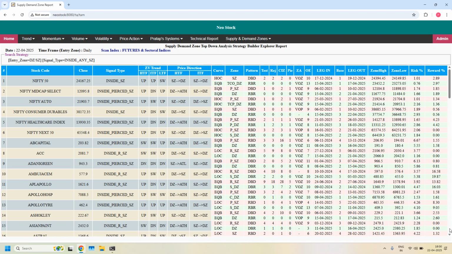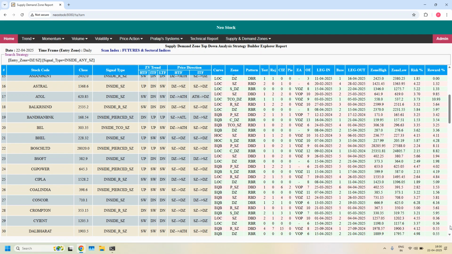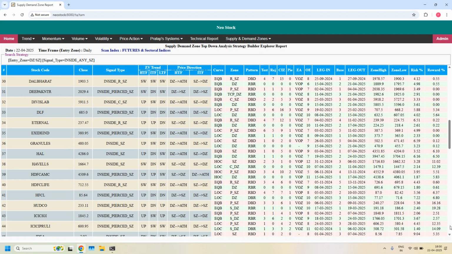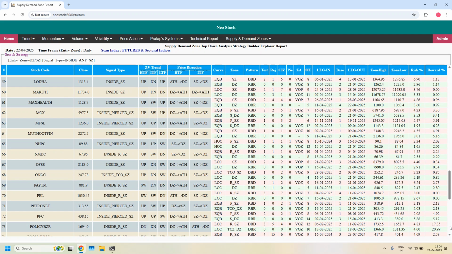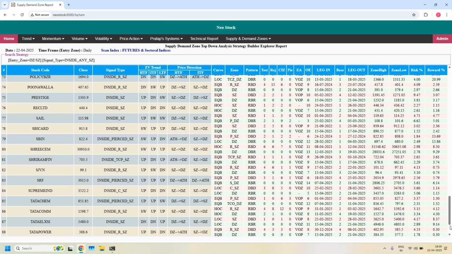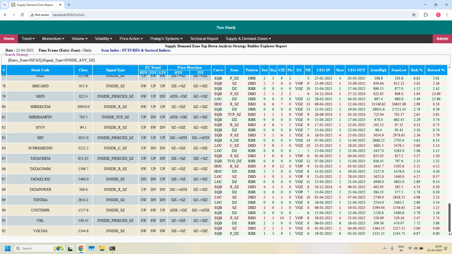Scrolling the list down, and the Nifty is closed inside the daily supply zone. Okay, I'm scrolling the list down. Total 92 stocks are filtered.